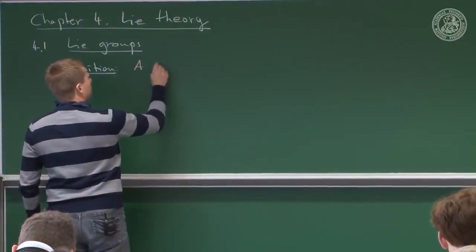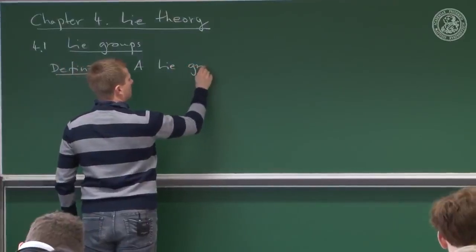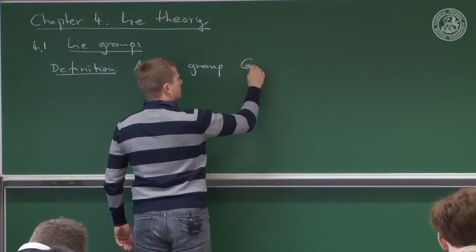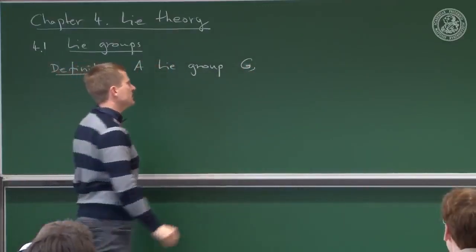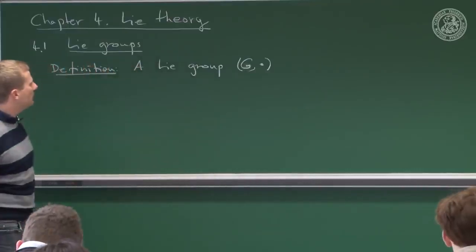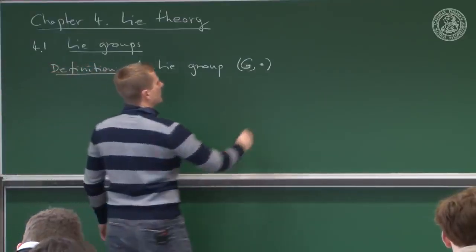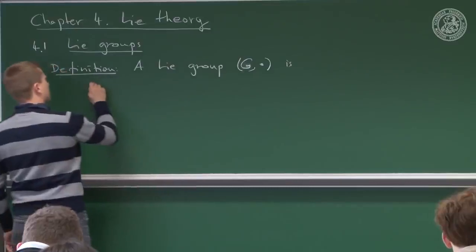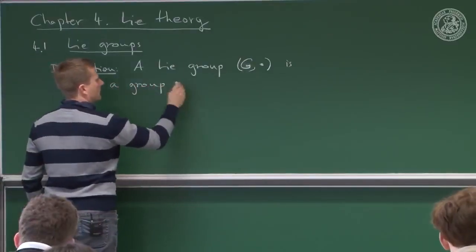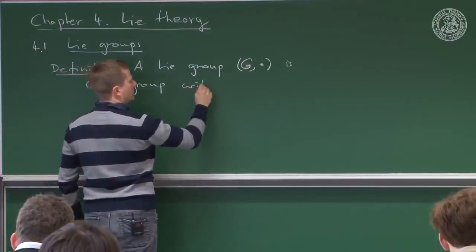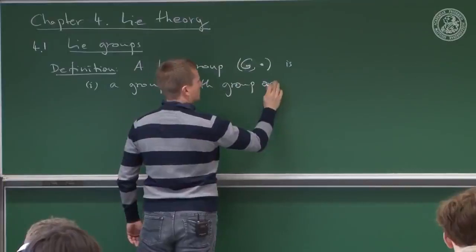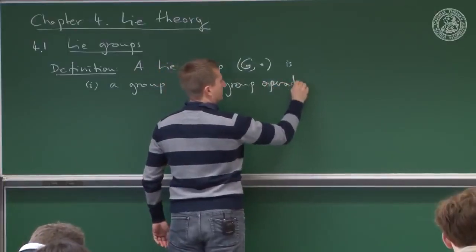A Lie group consisting of a set G and a group operation blob. A Lie group is, first of all, a group, with the group operation blob.